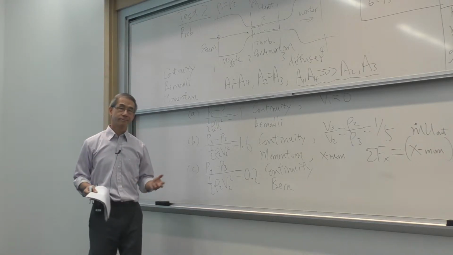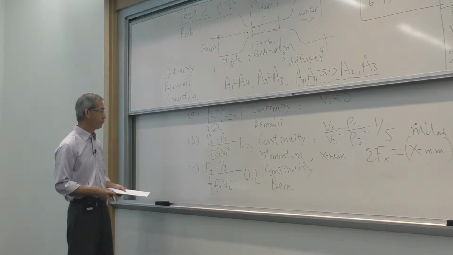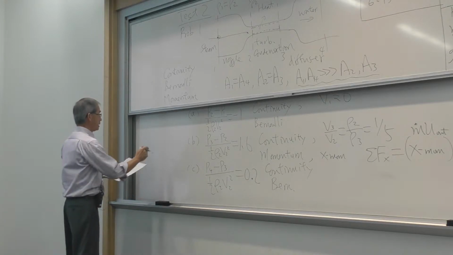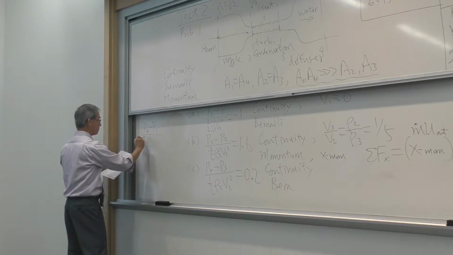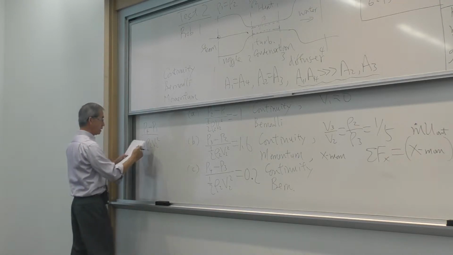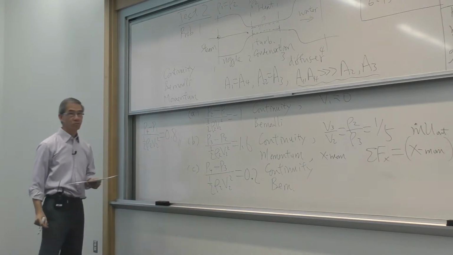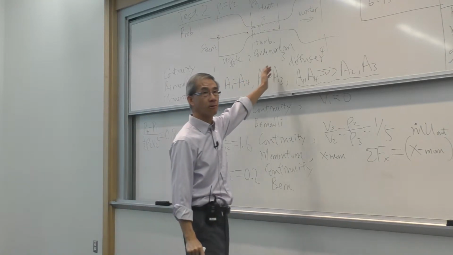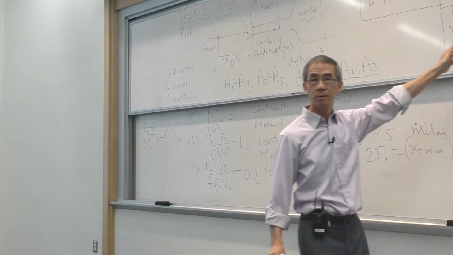Now the last part is tricky. Some of you may think, oh, to get from 4 to 1. So the last part is asking P4 minus P1. Again, same denominator, and the answer is 0.8. Some of you may be tricked to think I have to apply either momentum or Bernoulli from 1 to 4.